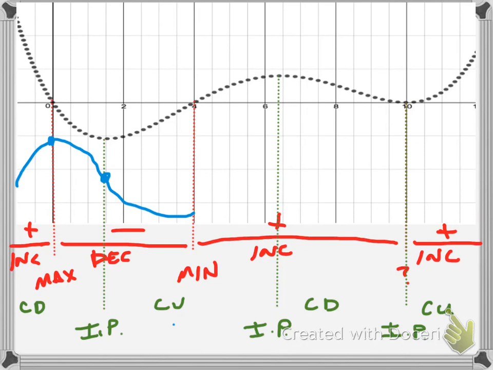We get to this point where we reach a min, and then it's going to start increasing again until we get to this point, which is another inflection point where it's going to switch from being concave up to concave down. But it's still increasing. And then we get to 10, where we have that interesting point where we didn't know what was going to happen.